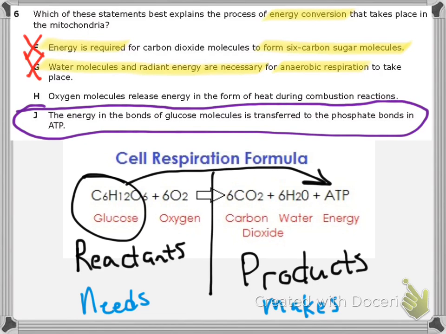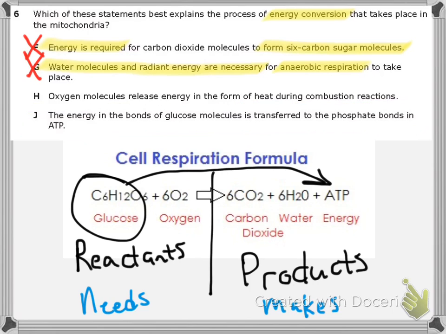So, let's go ahead and take that out. We just saw the right answer. Let's keep going anyways. All right. H. Oxygen molecules release energy in the form of heat during combustion reactions. Okay, well, let's think about this one. Do you heat up when you eat? Yeah, a lot of people usually do. Sure, absolutely. So heat is one byproduct of breaking down this food.